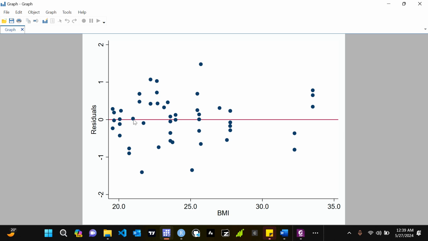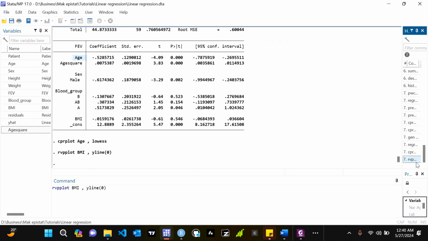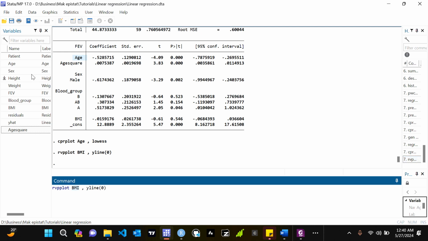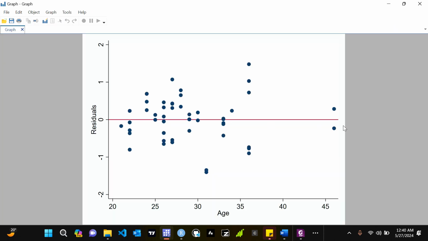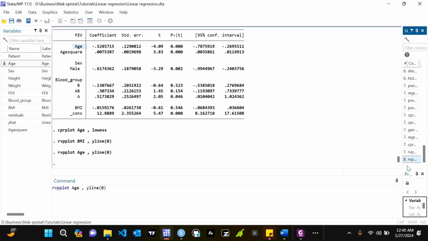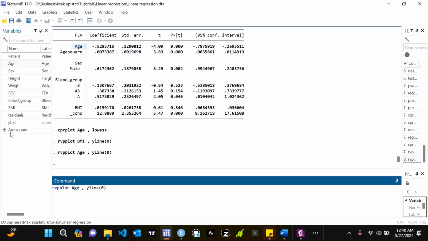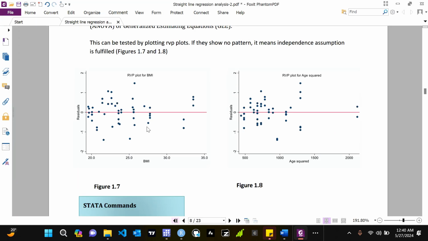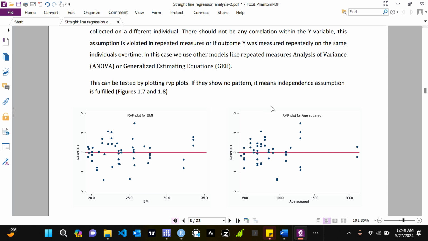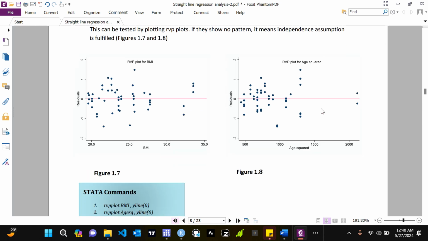These are values of the y. So then let's do this for age. Still no correlation in the y. So the assumption of independence is fulfilled with RV plots. They show no pattern. It means the independence assumption is fulfilled.